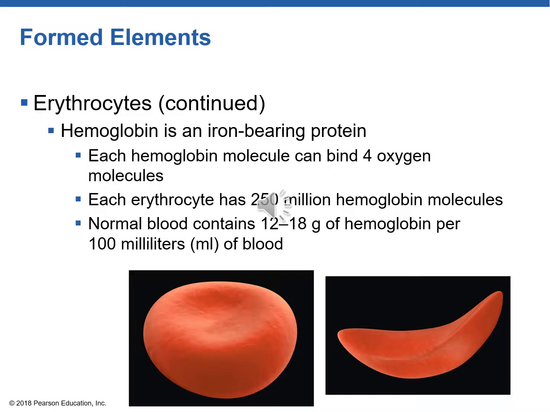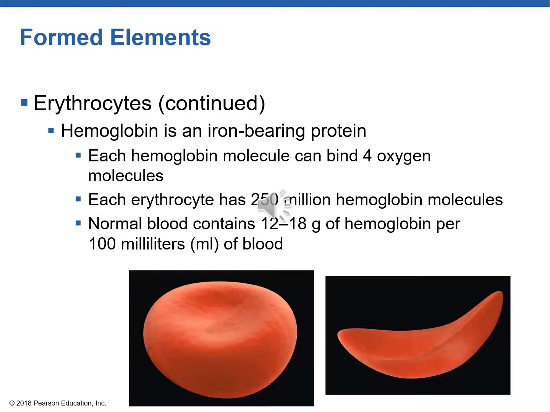It is very important that our patients have an adequate amount of hemoglobin to carry oxygen to the tissues. If they have a low hemoglobin count, then we know that they're not going to be able to carry as much oxygen to the tissues. A normal here is given of 12 to 18 grams per 100 mL of blood for hemoglobin.